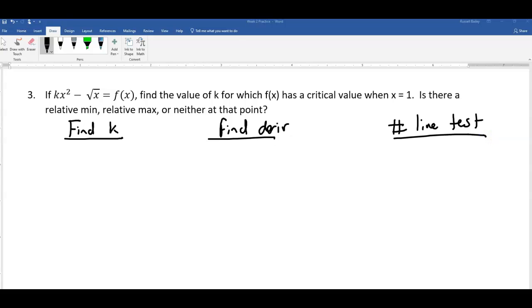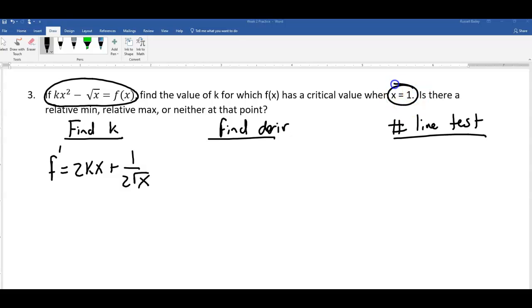So to find k, the first thing we're going to do is take this derivative here. Next, we're going to plug in the value of x that they give us, which is 1. Actually, we're going to set this equal to 0, so we're looking for critical values.